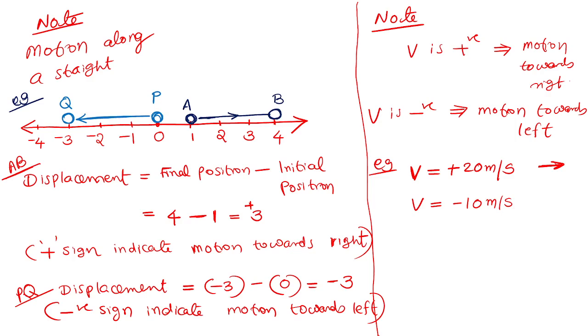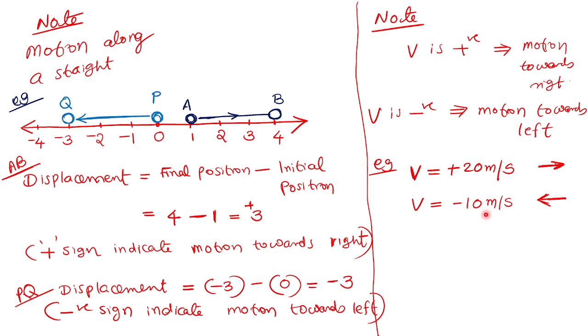The body is moving with the velocity, magnitude 10 meter per second, towards left. Or in simple language we say the body is moving with the speed 10 meter per second towards left. So the sign is very, very important when we explain the displacement and velocity.